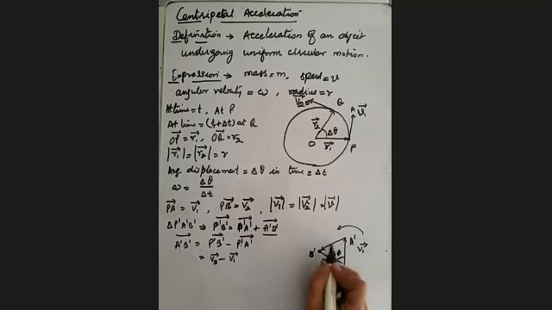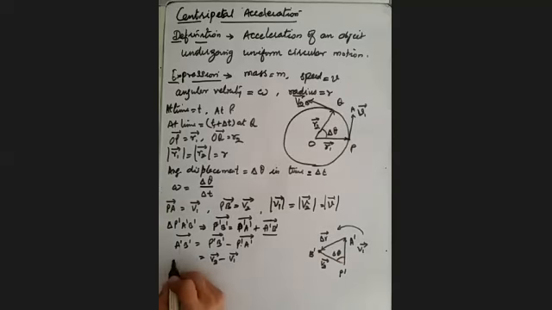Let us call this the delta V vector, which is giving us the change between the two vectors V2 and V1, and this is giving us the change in velocity. So delta V vector represents the change in velocity between V2 and V1.